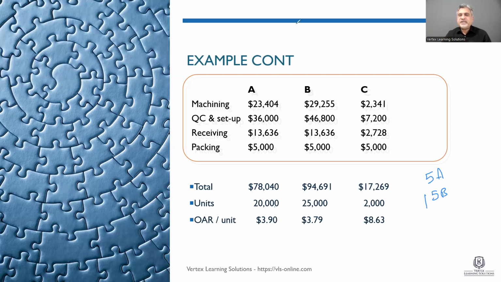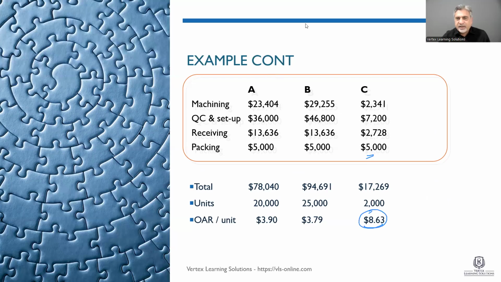But in case of C, every customer calls you and says, send me 1 unit of C. Okay, so small orders. So the size of the order is small and therefore the number of orders is more. And that has resulted in a huge overhead of 5,000 here as compared to the number of units. And therefore the total size of overhead goes higher.